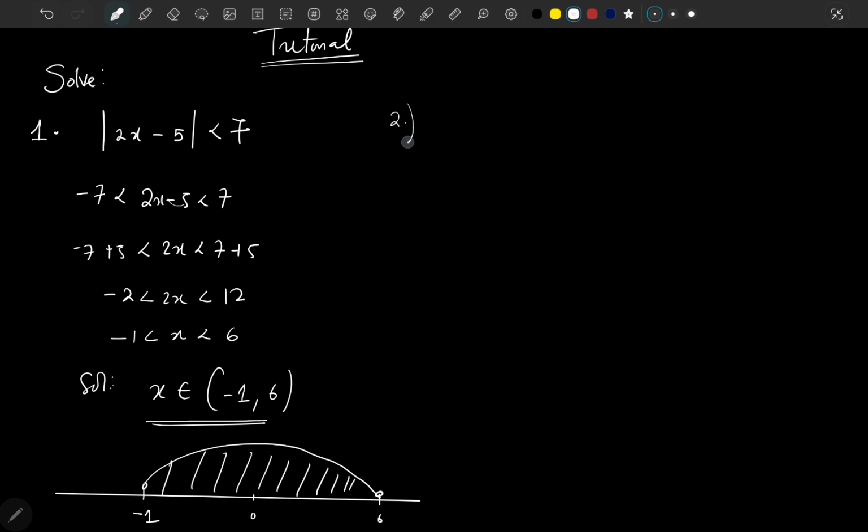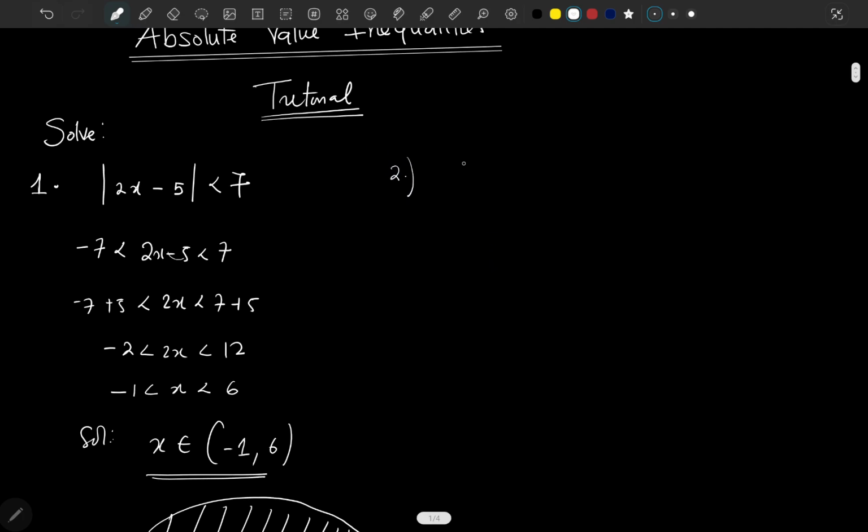Number 2 is modulus of 3x plus 1 greater than or equal to 10. For this one, you are going to have the same, then just flip the other one, like that. Because of the word or, your solution is a union.